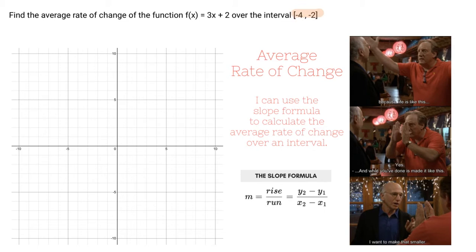A lot of people see this and say, okay, this is my point, -4 and -2. That is not what an interval is. In fact, these two numbers are both x values, x1 and x2. And so you're looking at where x equals -4 and where x equals -2, and you're peeking at the space in between and where the function is in that space.